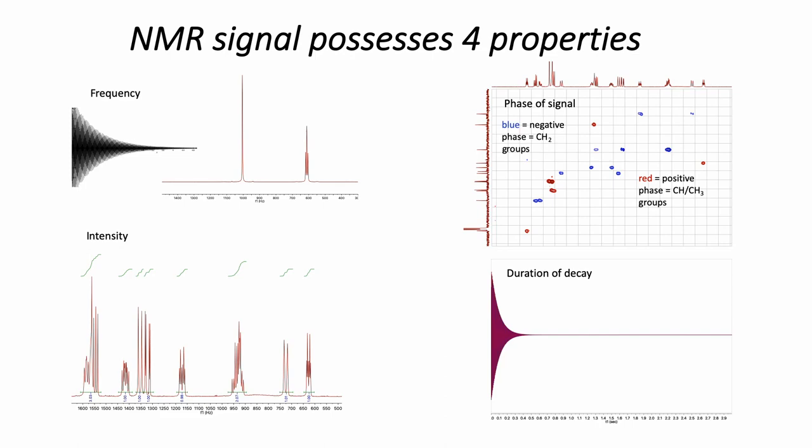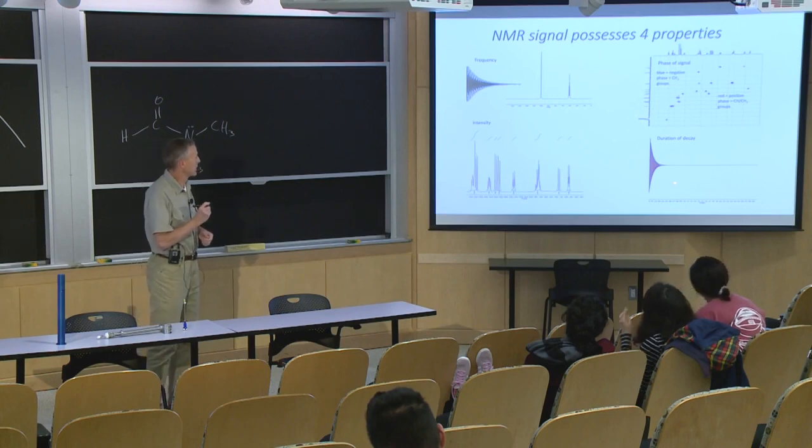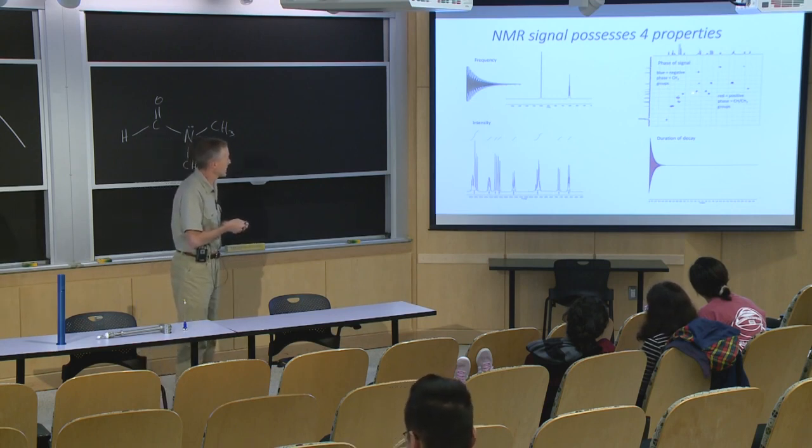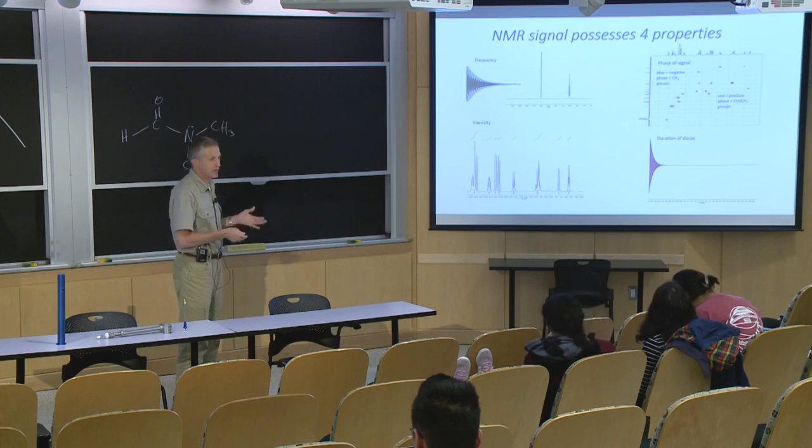That's really useful when you're looking at an unknown, because right off the bat you can say, okay, I know that this and this are from a methyl or methine, and I know that these blue peaks are from methylenes. And then I can look at it and say, since this one and this one are in a line next to each other, I know that these are protons on the same carbon.